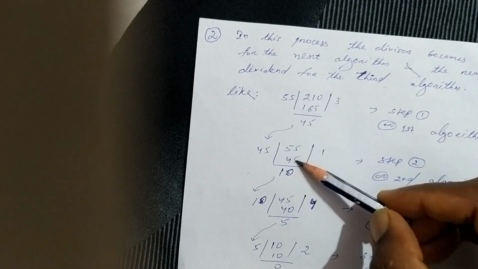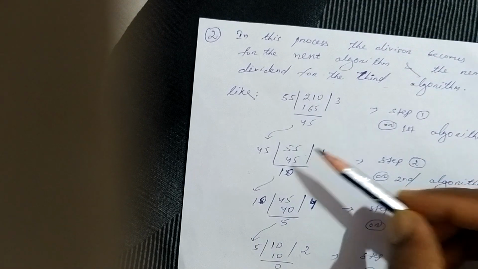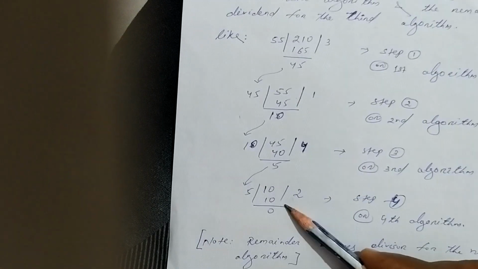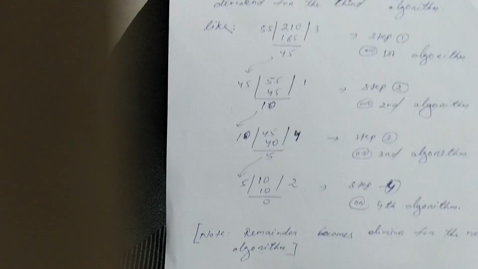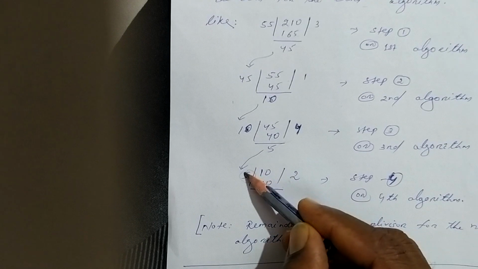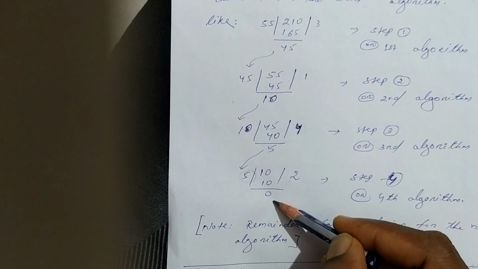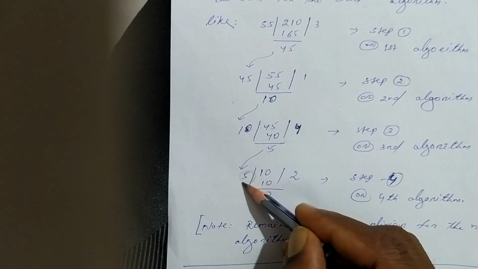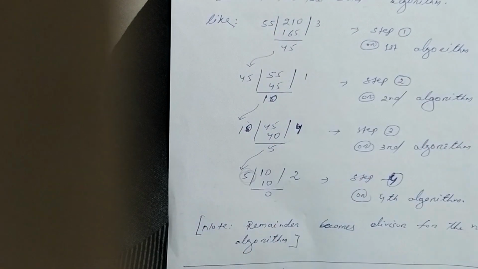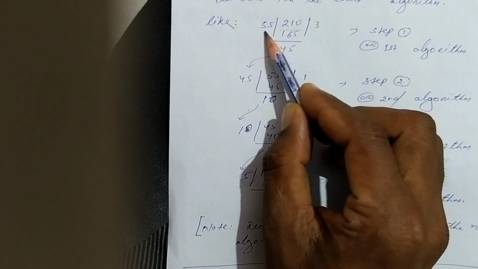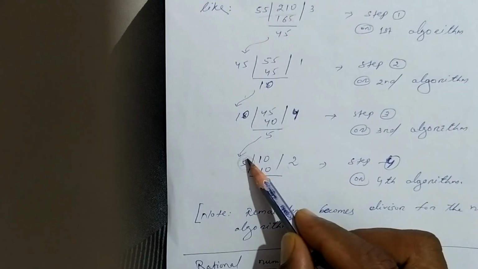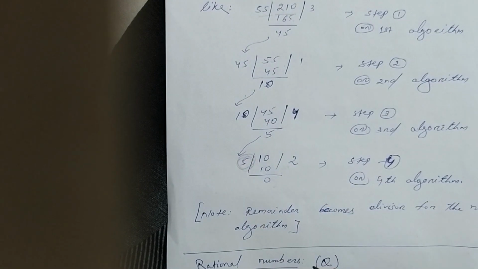I have written it in different steps: first step, second step, third step, again fourth step. Like this, the algorithm is explained. And the divisor before getting 0 as a remainder is the HCF of the two given numbers. Here the two numbers are 210 and 55, and the HCF is 5.